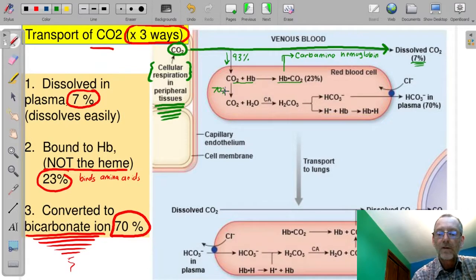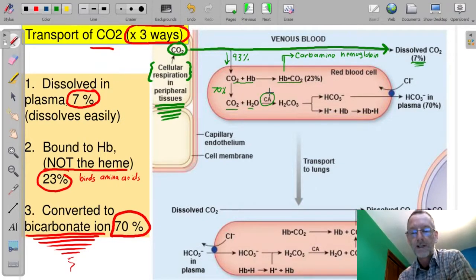binds to water, and here's our familiar reaction that we've done before. Carbon dioxide plus water. The enzyme CA stands for what? Carbonic anhydrase. Very good. And that produces this. And this is what?